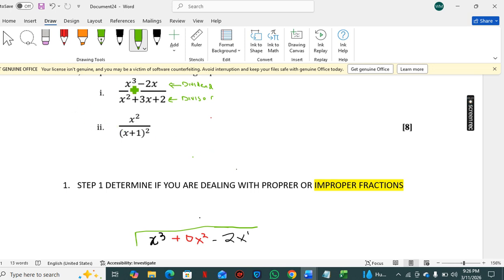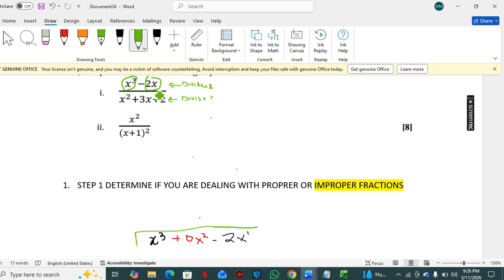So let's remember the polynomial. What we mean by polynomial, colleagues, is just these expressions here, where there is more than one term. This is a term. This is a term.